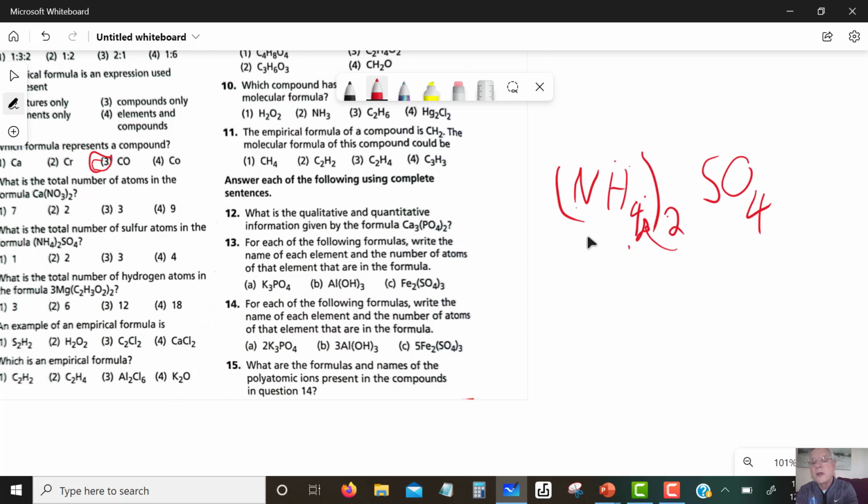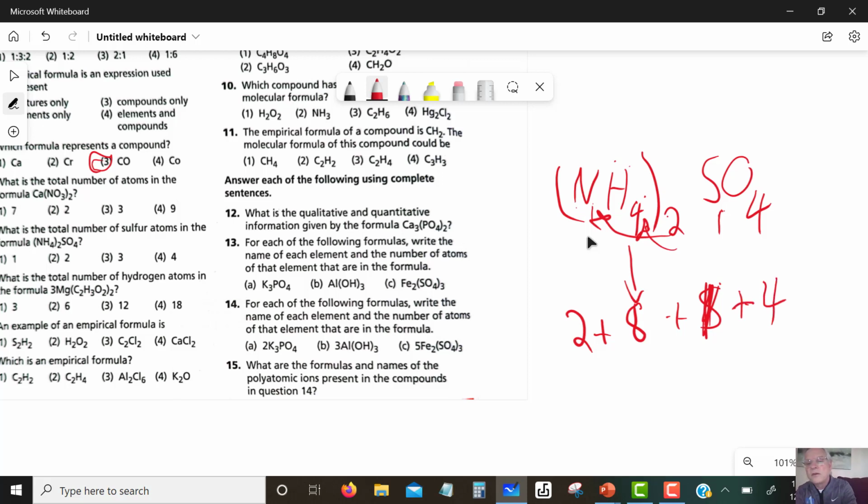2 times 4 is 8. There's nothing written here. It's assumed to be 1. 2 times 1 is 2. So in the first part of this, there's 2 and 8. And then there's 1 sulfur. It's implicit. 1 sulfur and 4 oxygens.